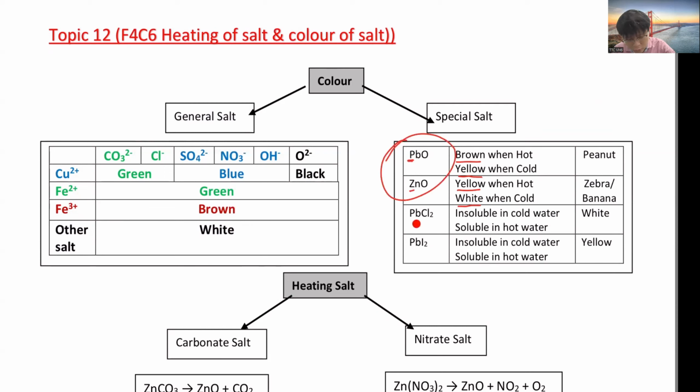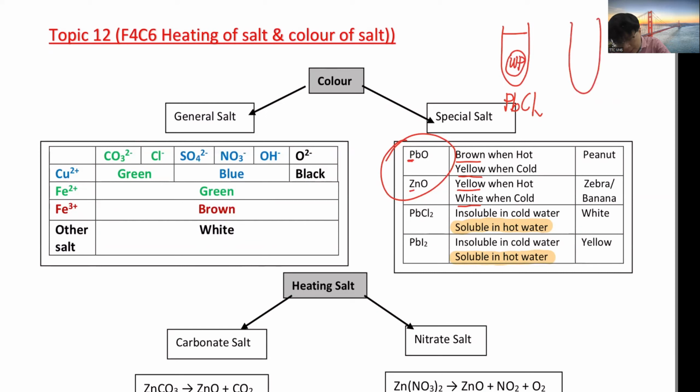Then for PbCl2 and PbI2, they are white color and yellow color. The special thing is these salts, right? They are not soluble in cold water. And then when in hot water, you heat the water, it will dissolve. Let's say if this is PbCl2, it will be a white color precipitate here.